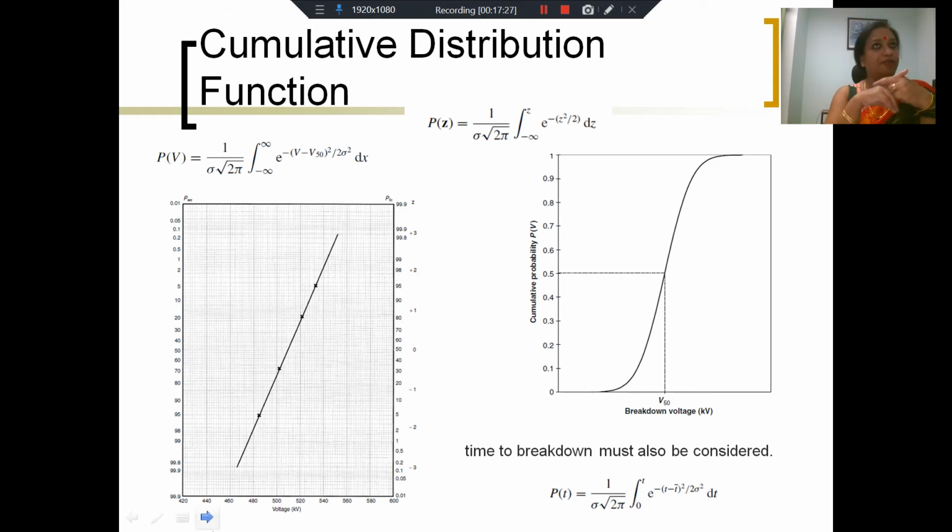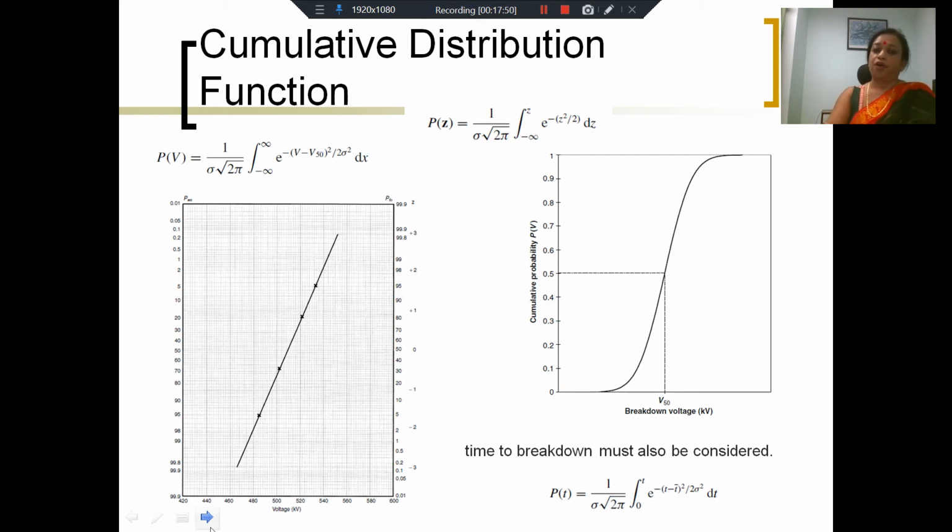So we now have the insulation characteristics expressed not as a probability distribution function, but as a cumulative distribution function in terms of voltage. But remember, voltage is not the only thing of importance. Voltage determines the stress, but we have seen that failure is a function of the stress as well as the time to failure.